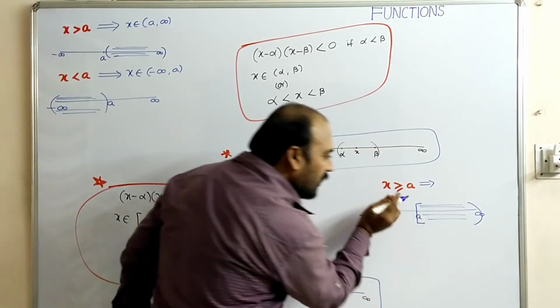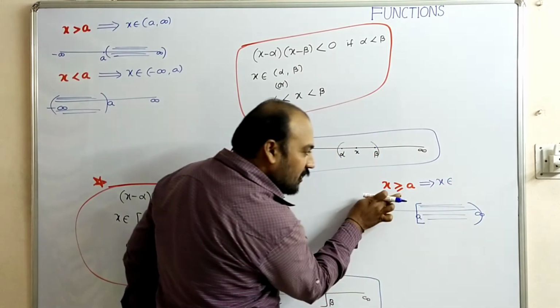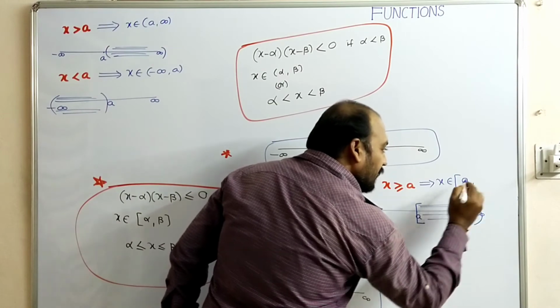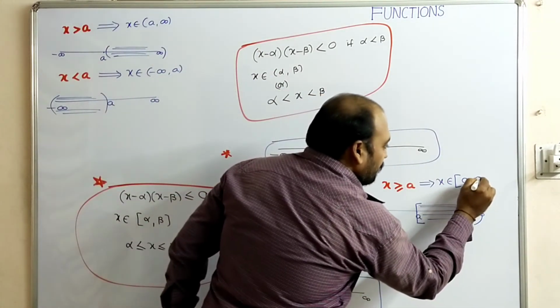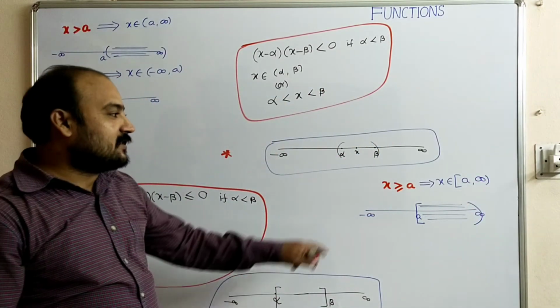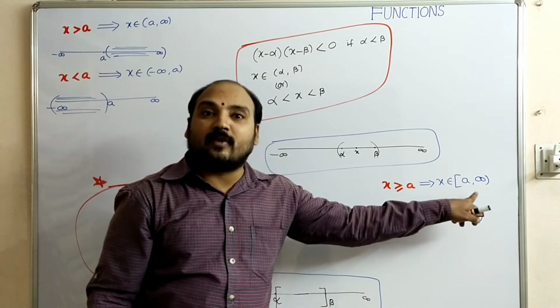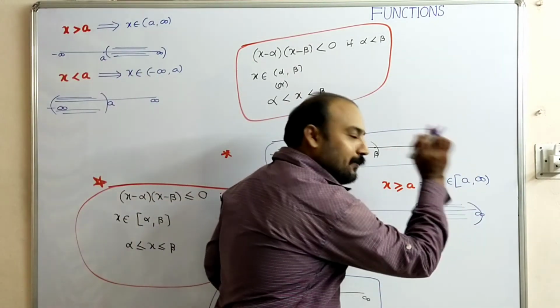This is the domain of this type of function. So x belongs to, for greater than or equal to, a closed interval will come: closed interval of a to infinity. So whenever x is greater than or equal to minus 3, x belongs to the closed interval of minus 3 comma infinity. Whenever infinity is there, an open interval will come.